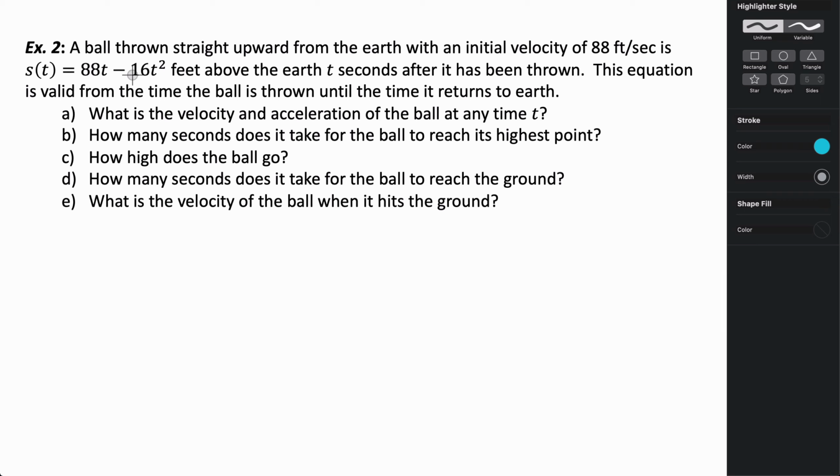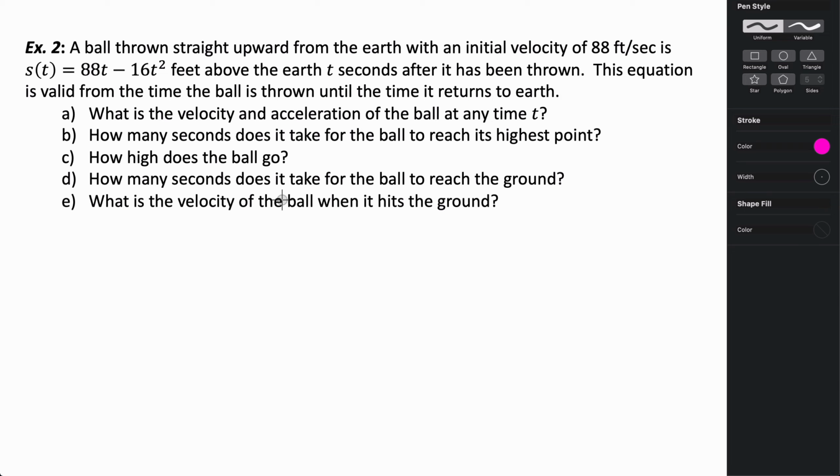So this is our position function, how high the ball is off the Earth after t seconds. This equation is valid from the time the ball is thrown until it returns to Earth. So it goes up like this, and then it turns and comes back down. Obviously it's not valid before that, because you can't have negative height, and it's not valid after that because it will have hit the ground.